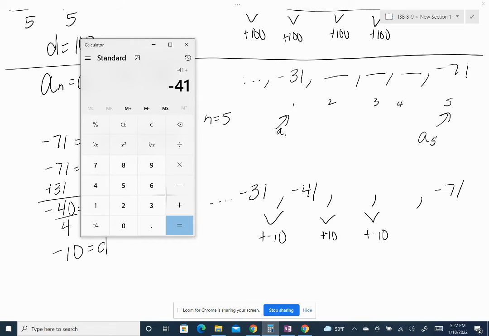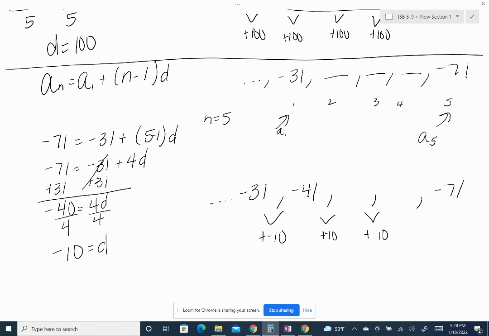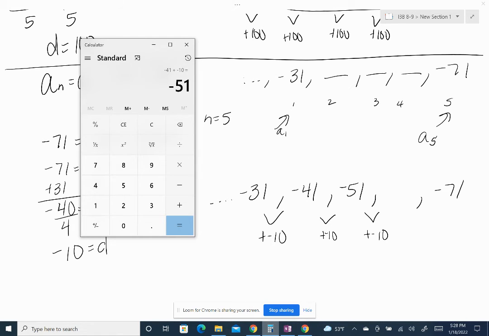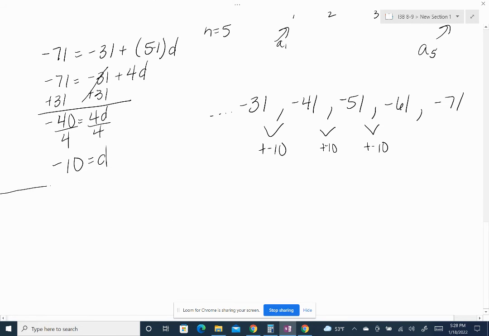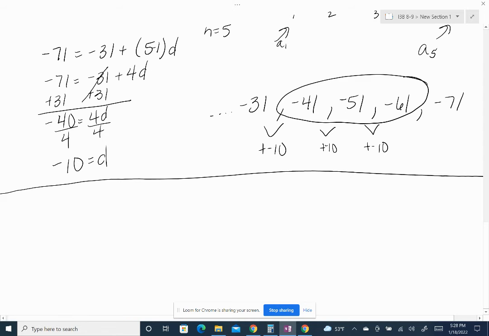Okay, we'll do it again. Plus another negative 10 gives me negative 51. And we're going to add another negative 10. That's going to give me negative 61. Okay, so those would be our answers right there.